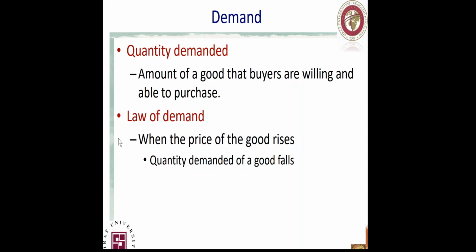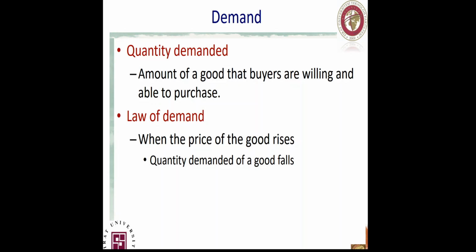Quantity demanded. Now we mentioned the perfect market, and this will be our assumption for the whole chapter, that we are dealing with a perfectly competitive market.